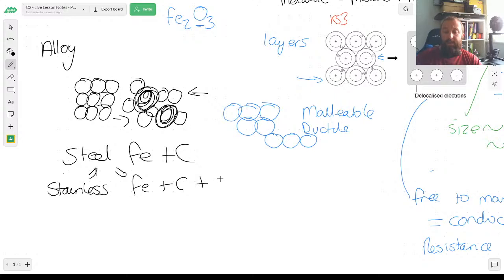But we also mix chromium and other elements in with it so it doesn't corrode. So this idea of an alloy is literally when we just mix different metals together in order to combine some of their properties, but usually to increase the strength or the hardness of it. Okay?